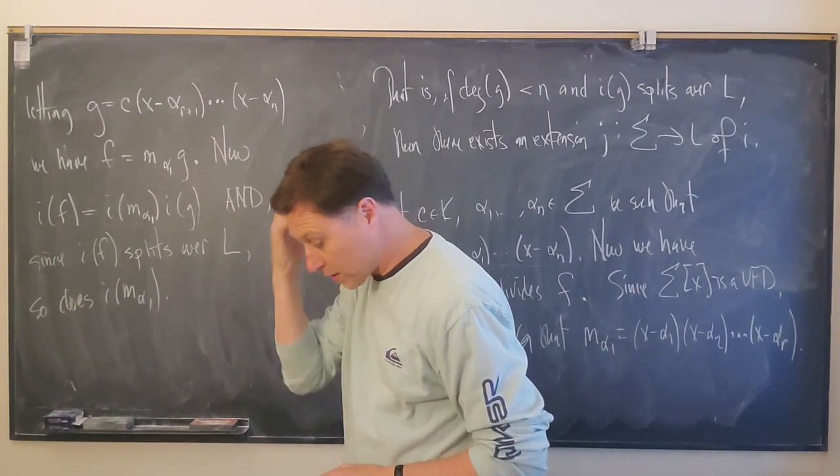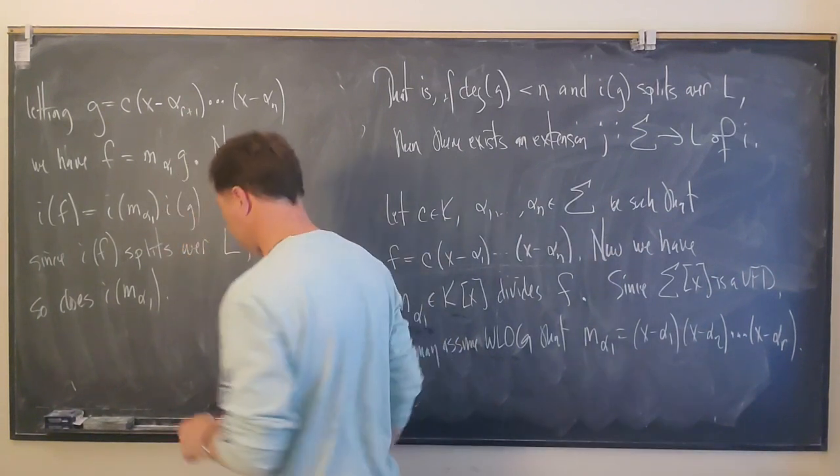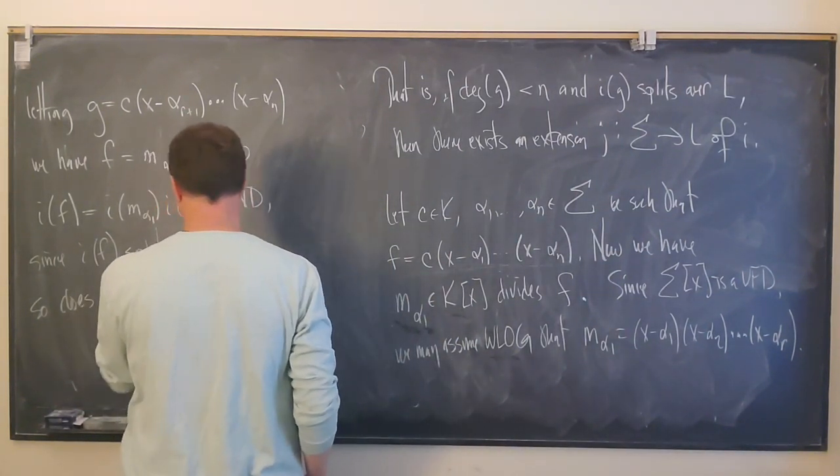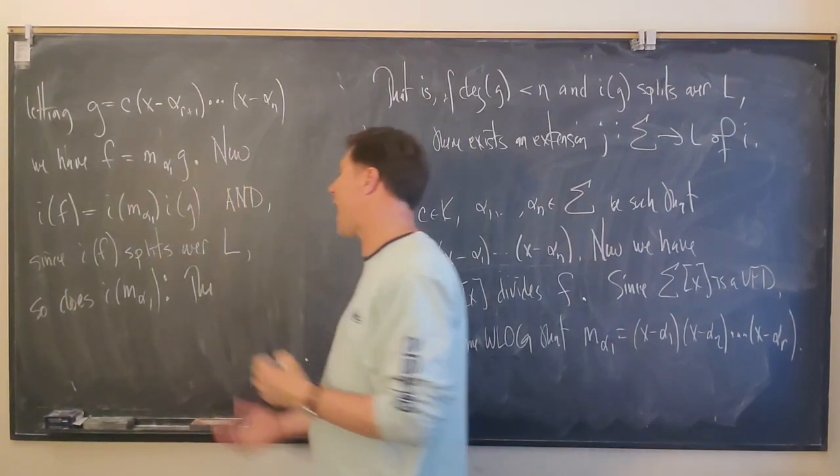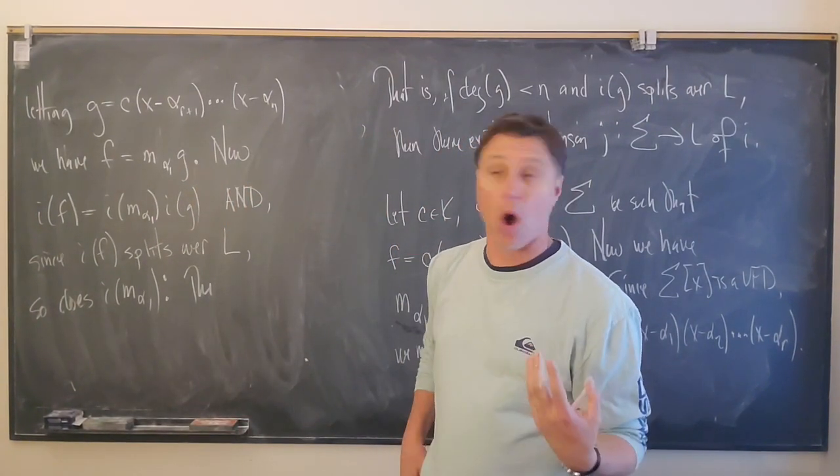And so what does that mean? We know that m sub alpha 1, and therefore I of m sub alpha 1, is a degree r polynomial.